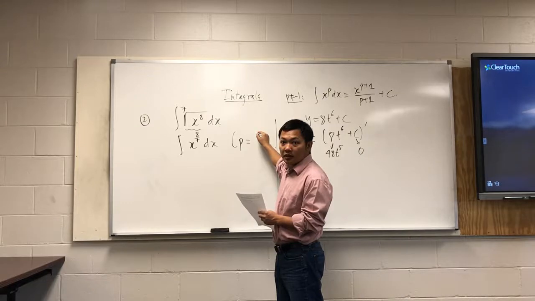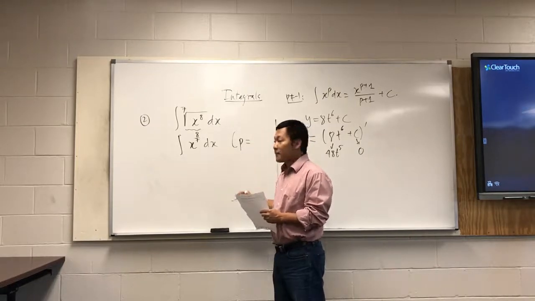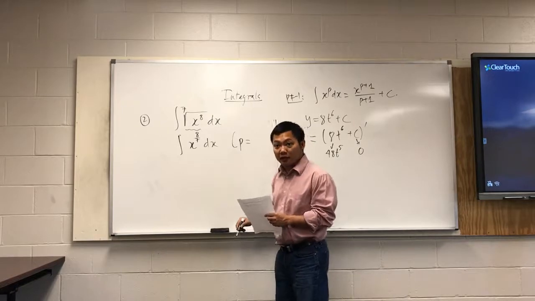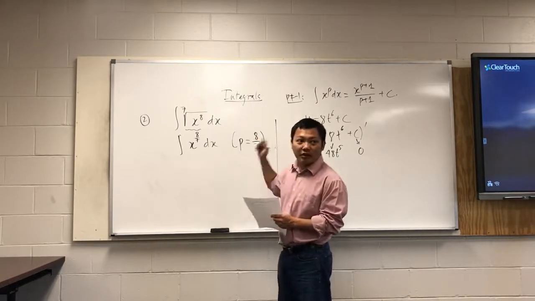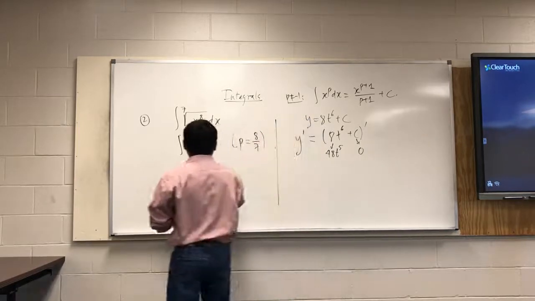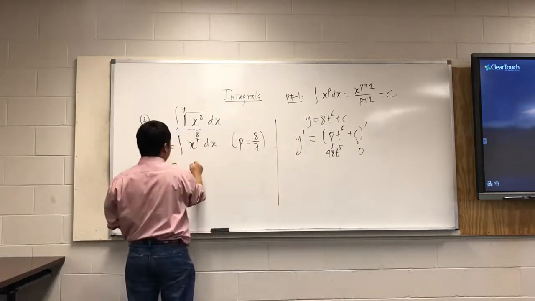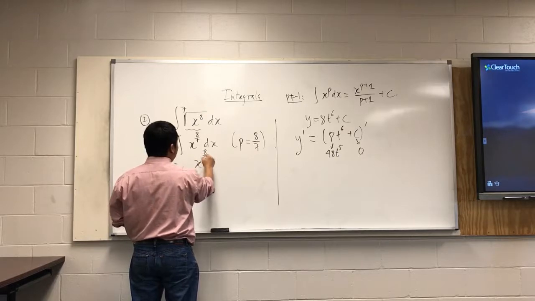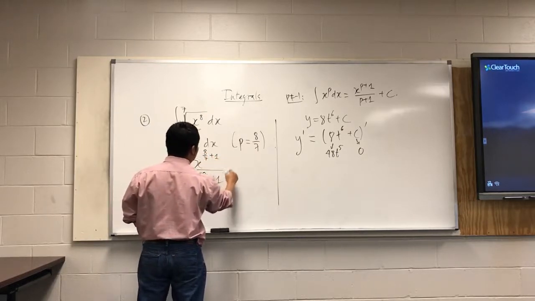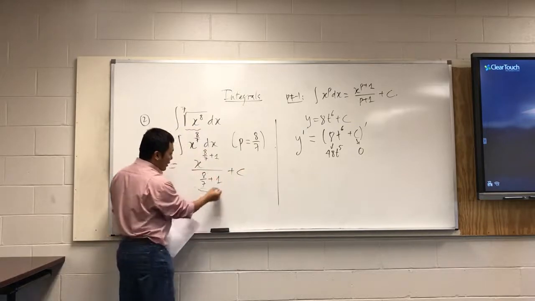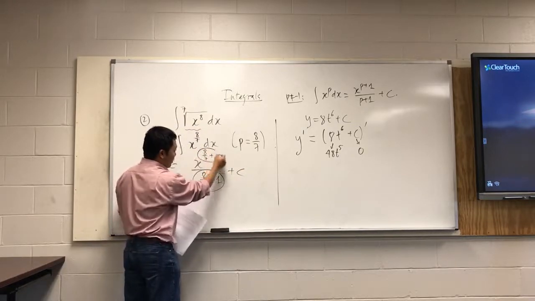In this case, what is p? 8 over 7, yes. So you apply the power rule for that p, and you get x to the 8 over 7 plus 1, over 8 over 7 plus 1, plus c. Don't forget this number and this number should be the same.